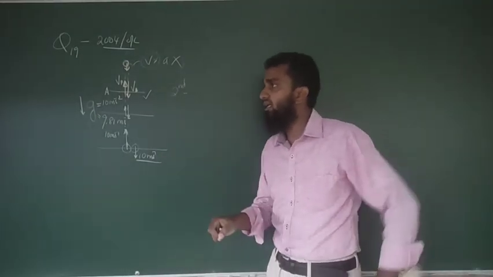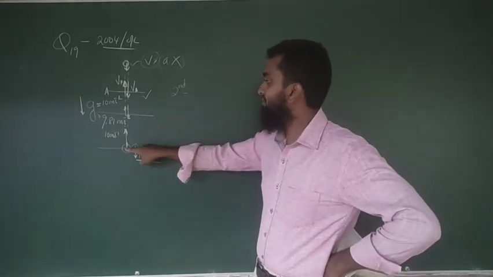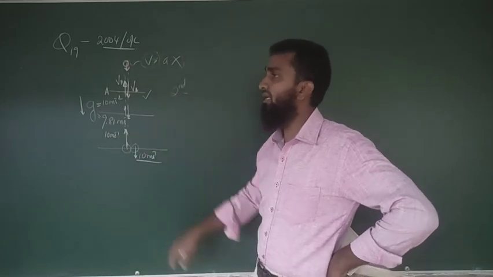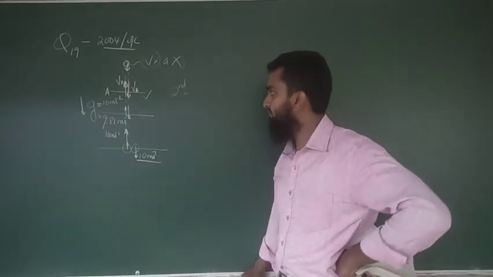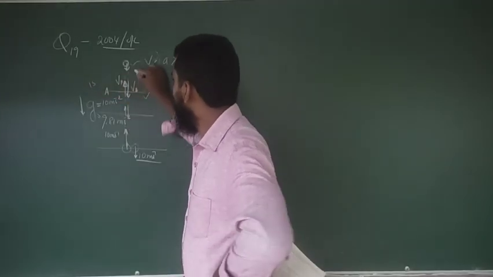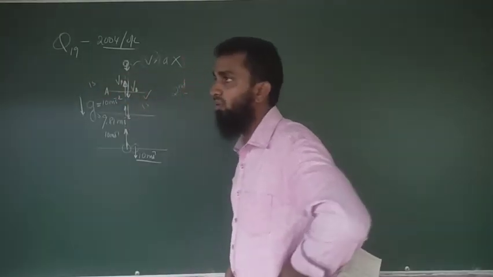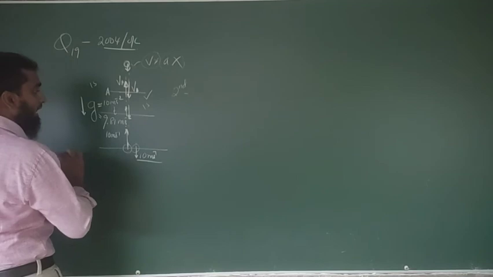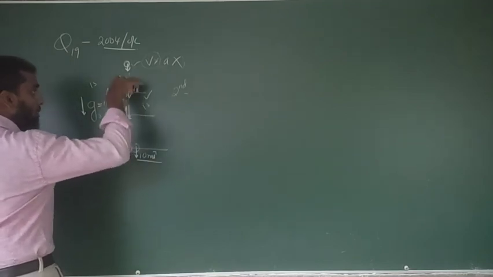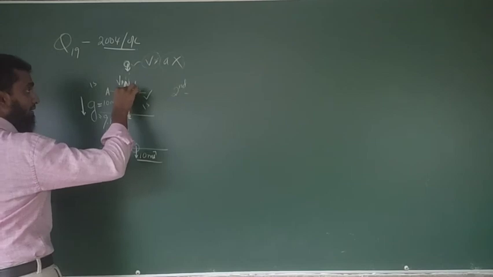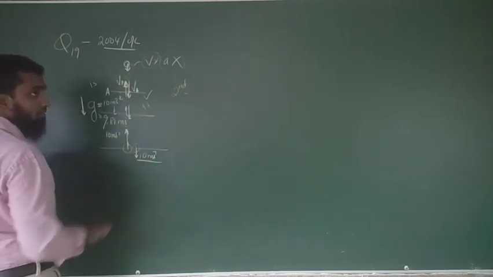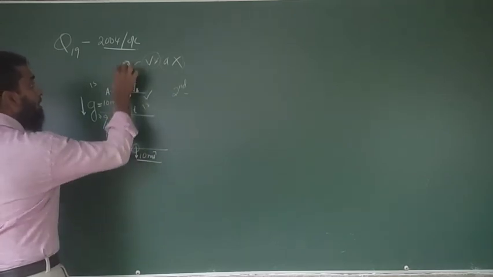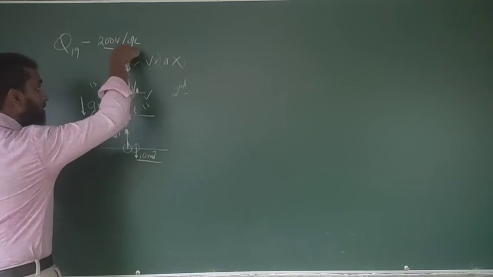Another point you have to note, right? Another symmetry is there. The time taken to reach up is going to be equal to the time taken to come down, right? If the time taken to reach up is 1 second, the same 1 second is going to be taken to come down. Then the time taken to reach point A is equal to the time taken to reach the ground from A. The time taken to go from here to here is equal to the time taken to come from here to there.